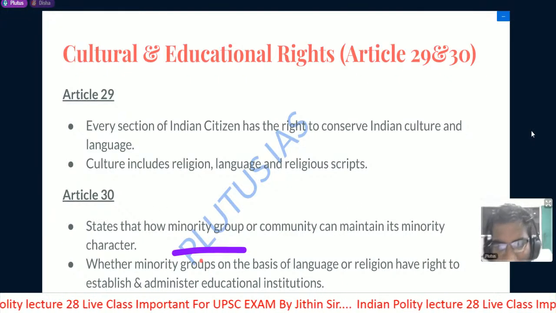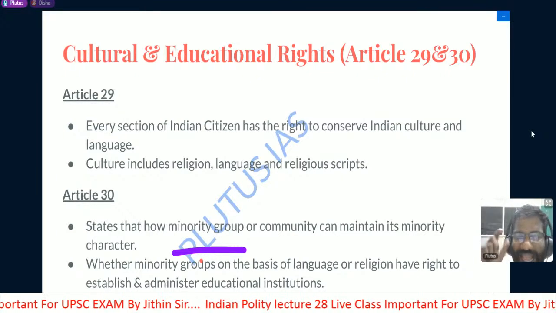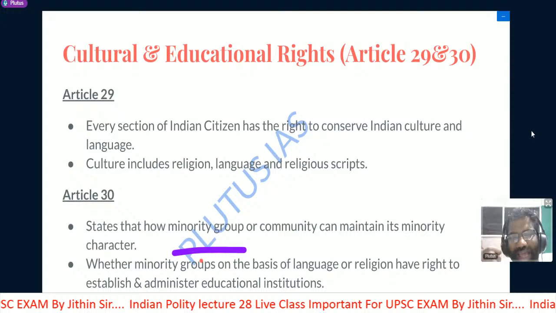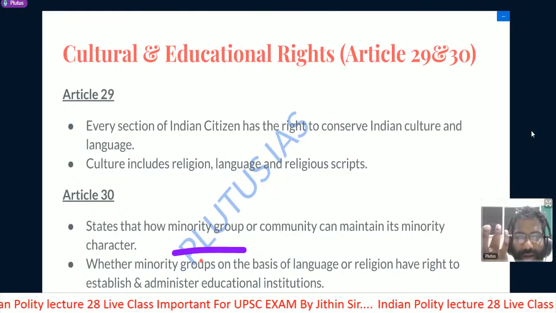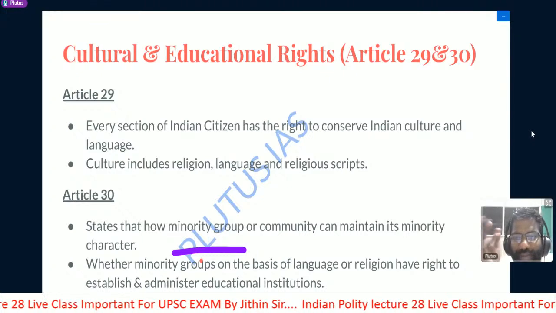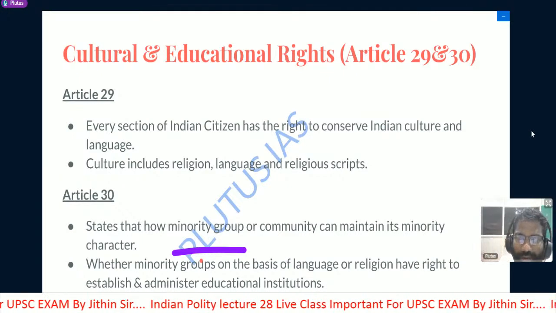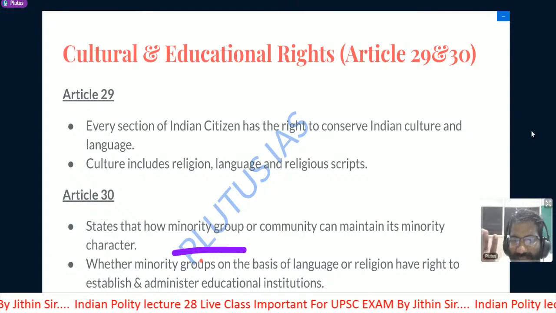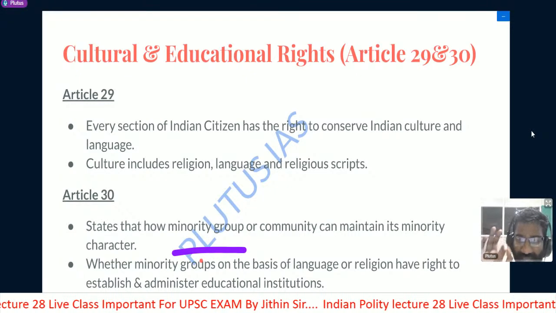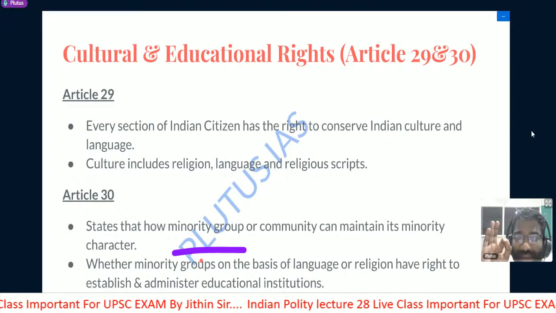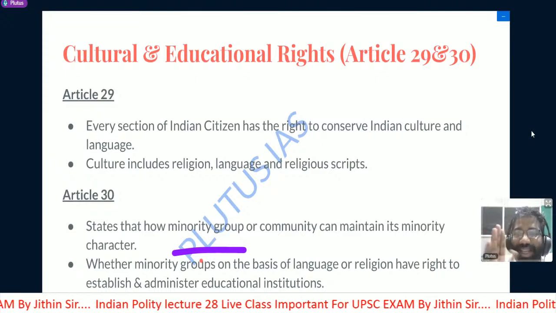Article 30. Every minority group based on language or based on religion. अगर कोई भी minority group है, minority group मतलब it can be a group of people who are lesser in number or a group of people following a particular religion. They have every right to maintain their minority character.